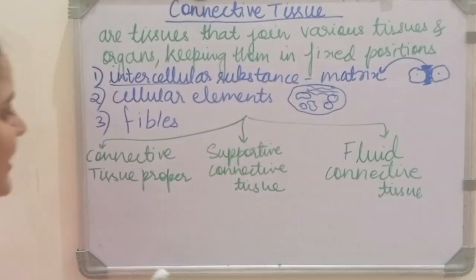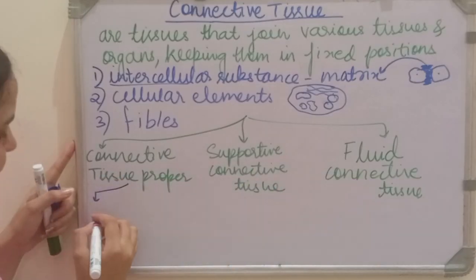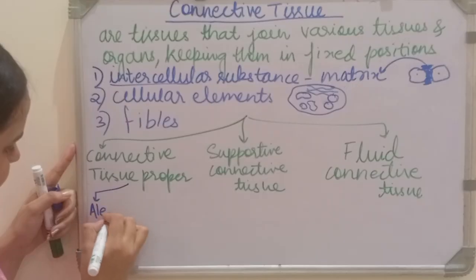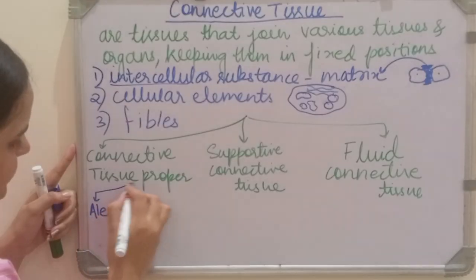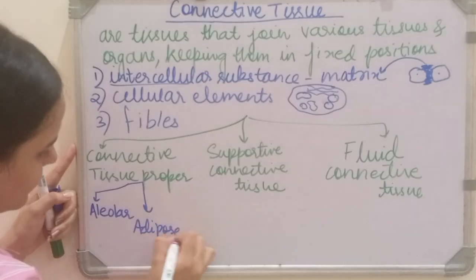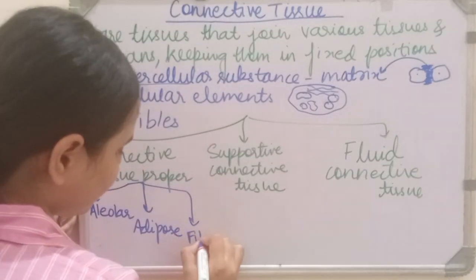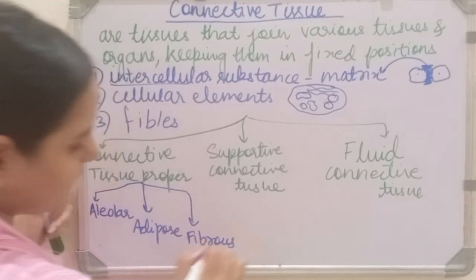Let's see what we are going to study in these three categories. Connective tissue proper includes areolar connective tissue, adipose connective tissue, and last is fibrous connective tissue.